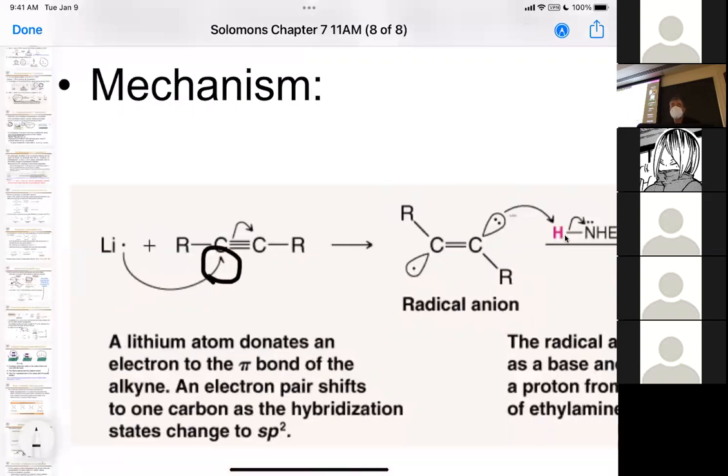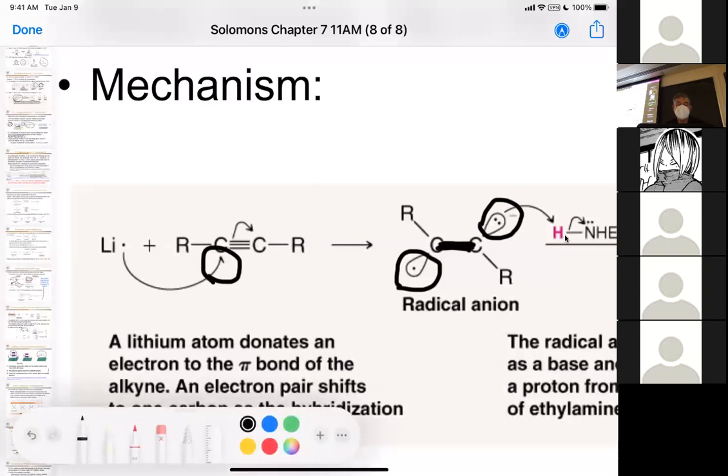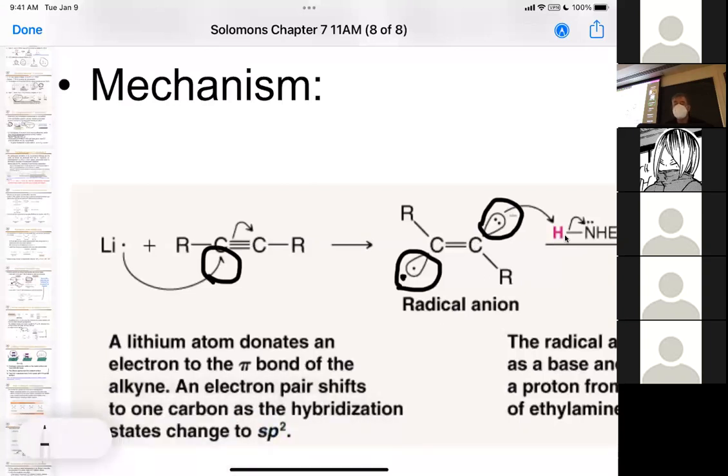So there's one electron in this p orbital and two electrons in this p orbital. We were sp hybridized, and now we're sp2 hybridized, and we still have a double bond there. That's where these two p orbitals are coming from. One has one electron in it, one has two electrons in it.